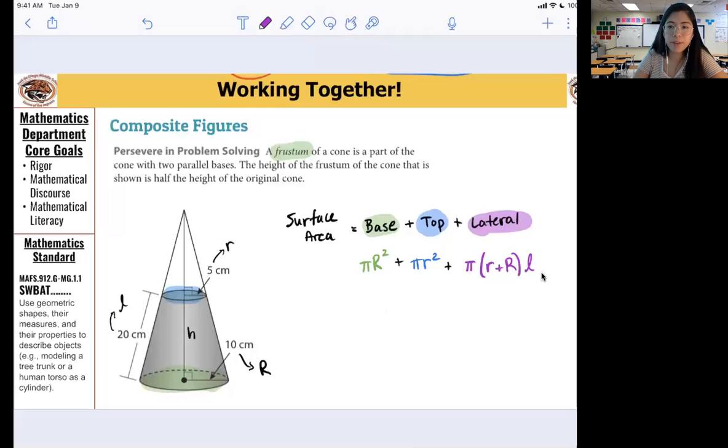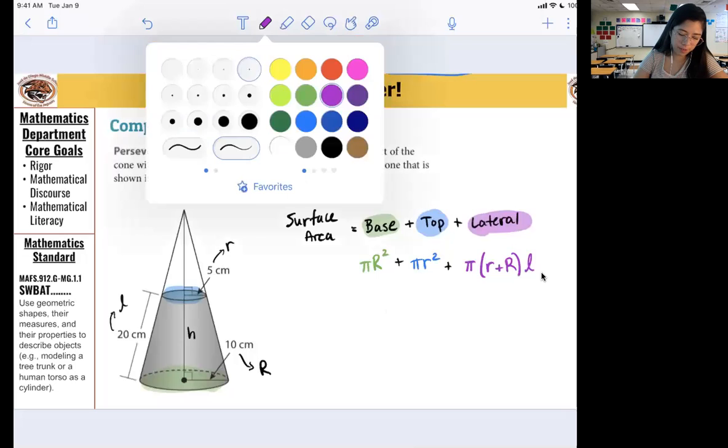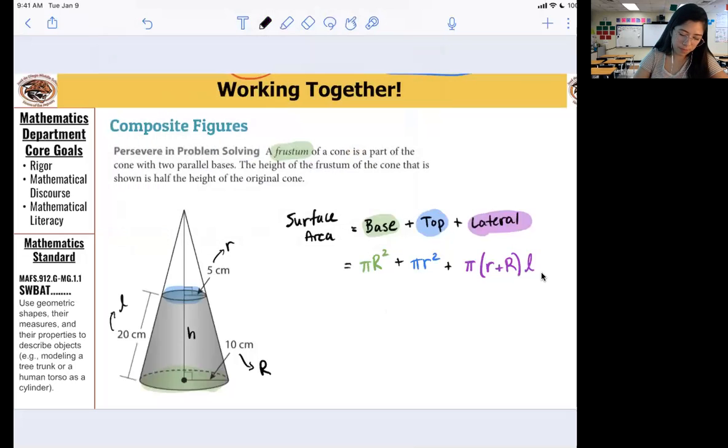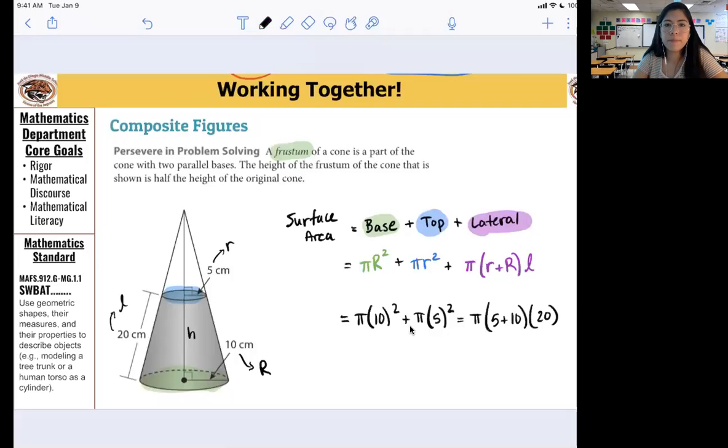Okay, well, now we have everything we need. Let's go ahead and fill it all in. Pi times the bigger radius, so it's 10. Pi times the smaller radius, that's 5. Pi times the sum of those, so 5 plus 10, times the slant height, which is 20.